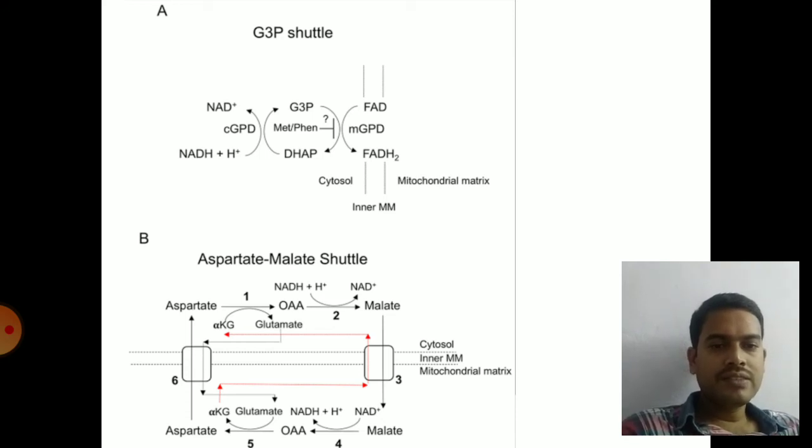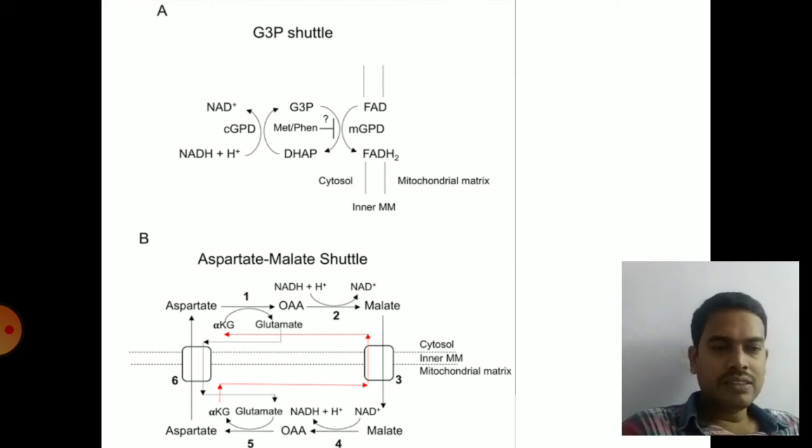Now the question is, how are the H plus ions on FADH2 and NADH2 transported to the electron transport chain complexes so that ATP synthesis occurs? In the previous class, when we discussed glycolysis and the Krebs cycle, we saw how many NADH and FADH2 are formed in each.